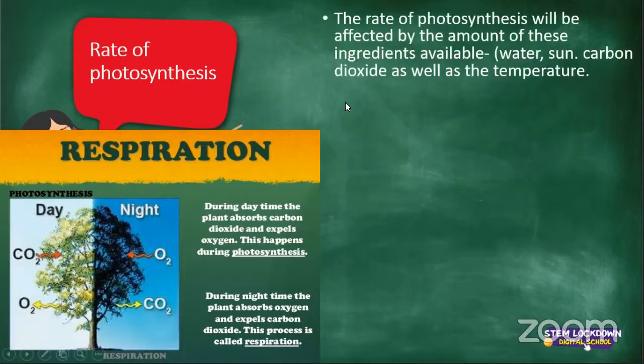The rate of photosynthesis will be affected by the amount of these ingredients available: water, sun, carbon dioxide, as well as temperature. So for photosynthesis to happen very well, all of these ingredients are important. Water is as equally important as the sun, carbon dioxide, as well as the temperature.